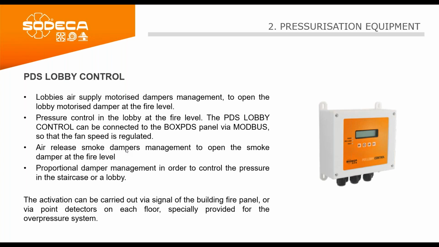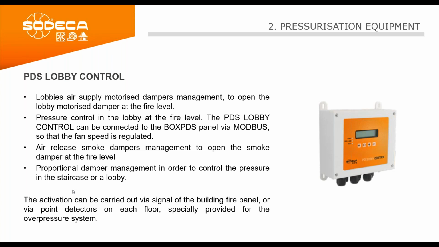For some applications in high-rise buildings with high stairwells, it allows the management of a proportional damper. These proportional dampers could be installed in the stairwell in order to supply the appropriate airflow at every level.